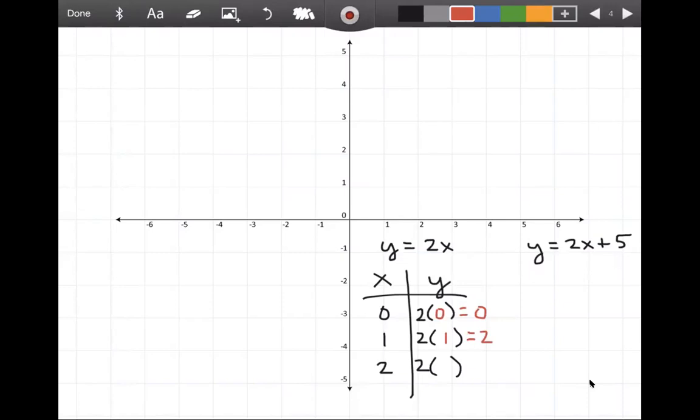Okay, so 2 times 2 is 4. So this line passes through the points 0, 0, 1, 2, and 2, 4.